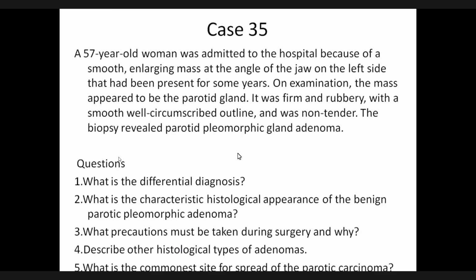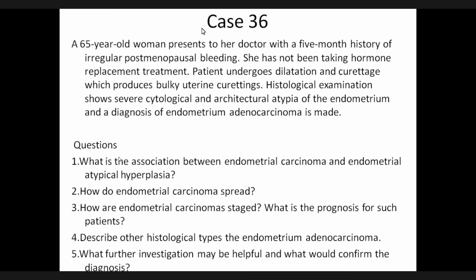And case 36. Read, please, this case. Question: what is the association between endometrial carcinoma and endometrial atypical hyperplasia? Hyperplasia is a precancer process, and hyperplasia may be pre-carcinoma in the endometrium.